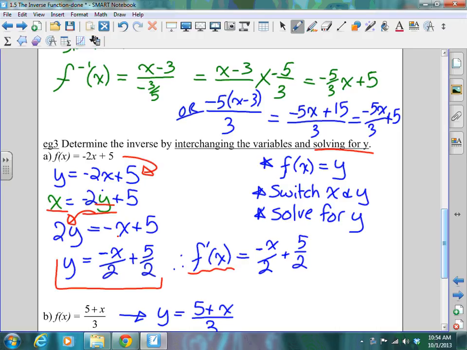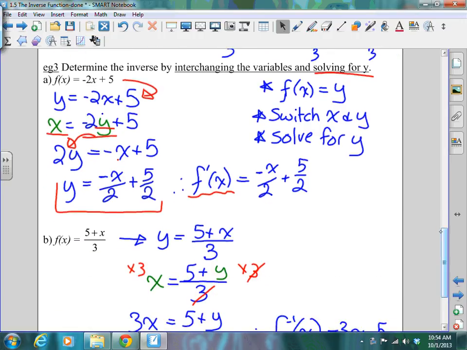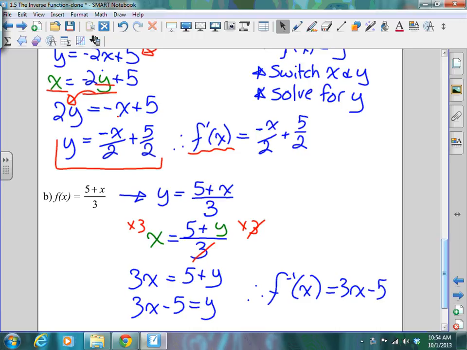We need to show that expression as the inverse because we have switched the variables. So then your final statement should be: therefore, the inverse function is -x divided by 2 plus 5/2. Try that example again, switching the x and y.